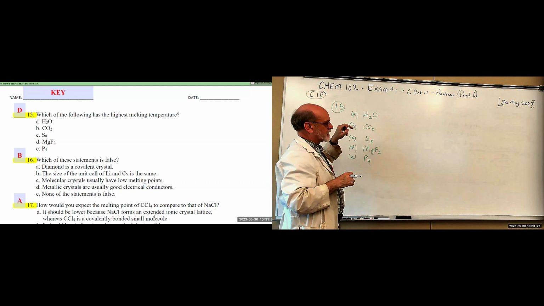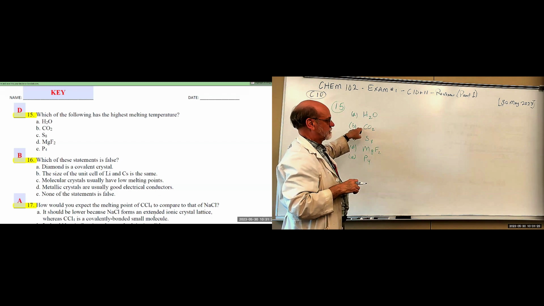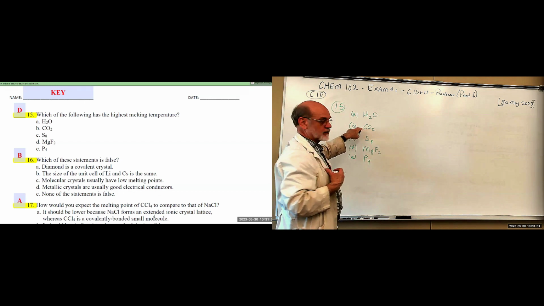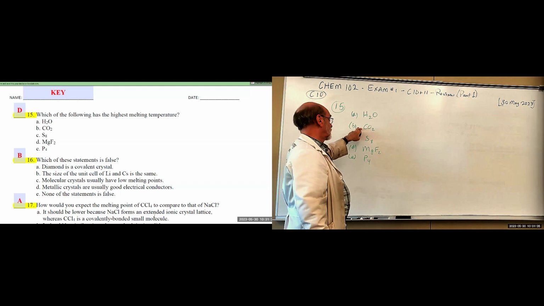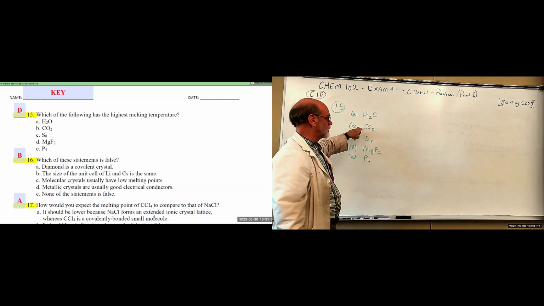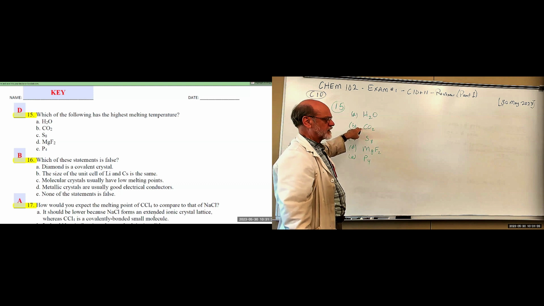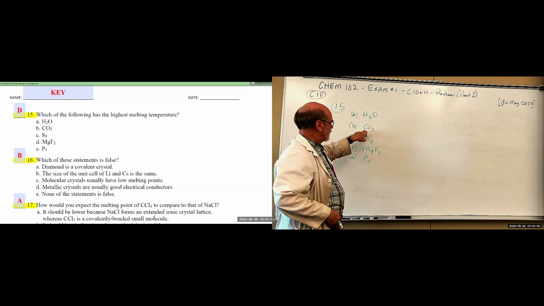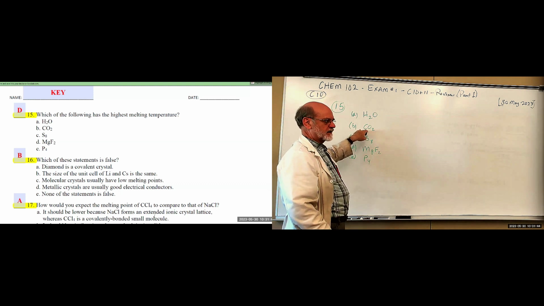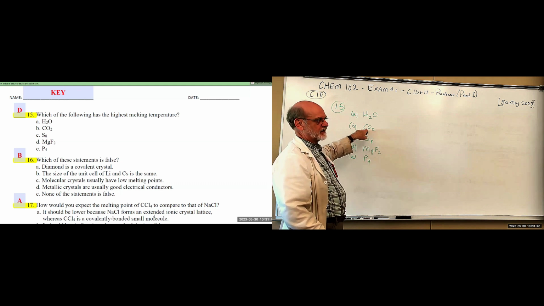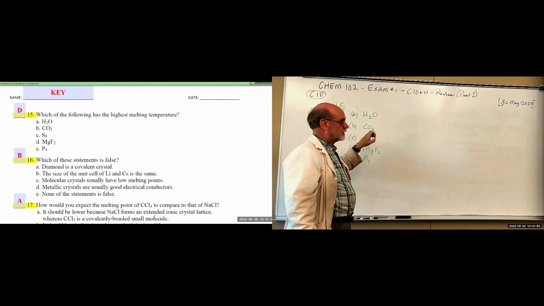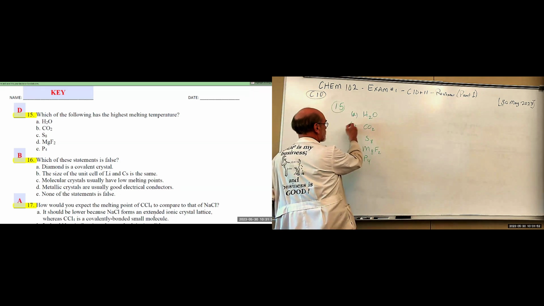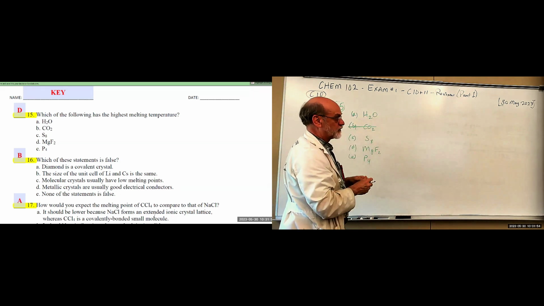Carbon dioxide at room temperature is a gas, so its melting temperature is going to be really low. In fact, solid carbon dioxide is minus 78.5 degrees Celsius, and I think we can turn it into a liquid at a slightly higher temperature, like minus 75. So it's still going to be a very low temperature, and we can count carbon dioxide out for the highest melting point.